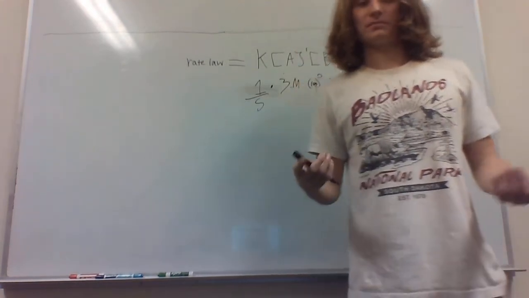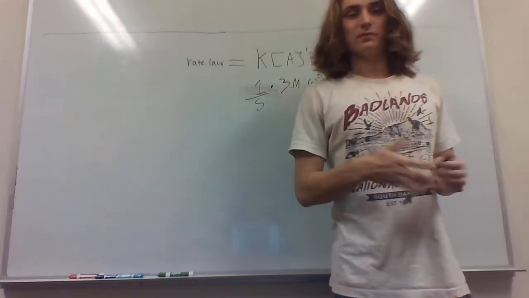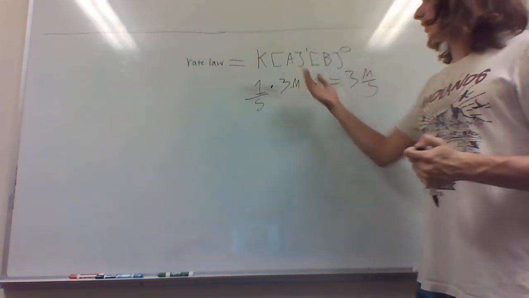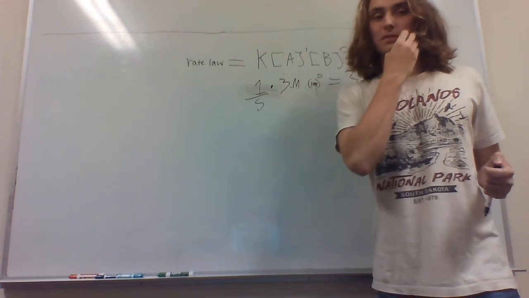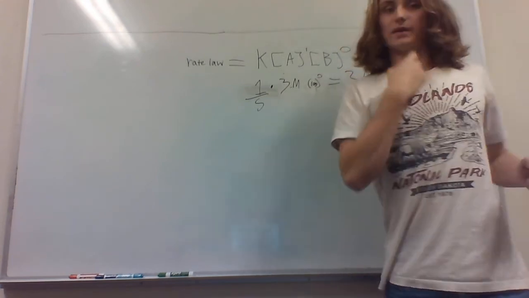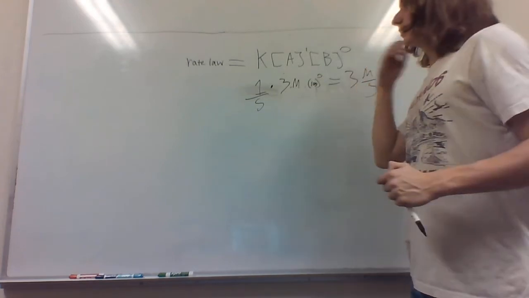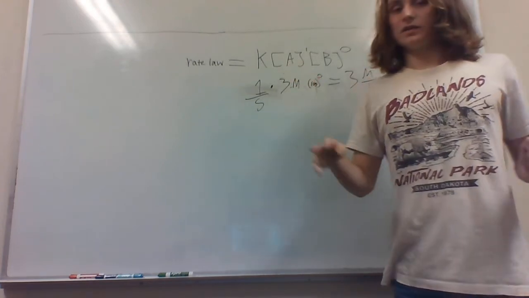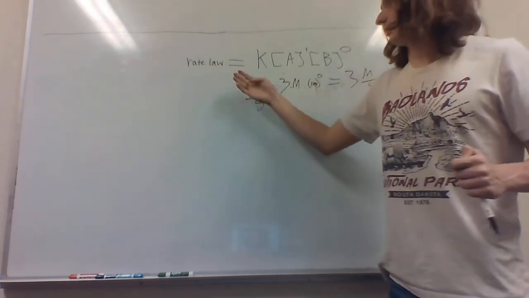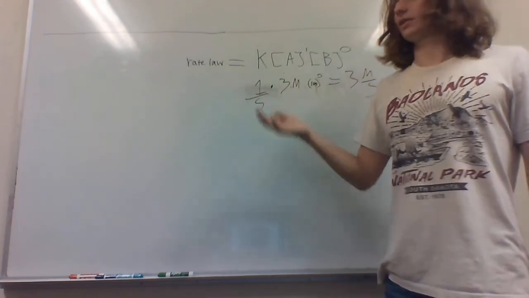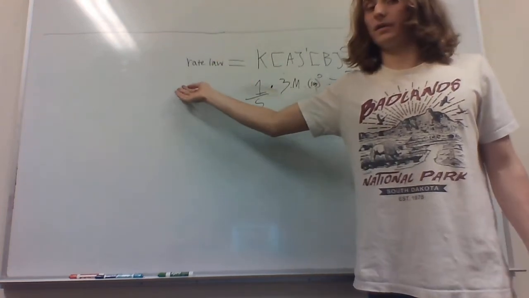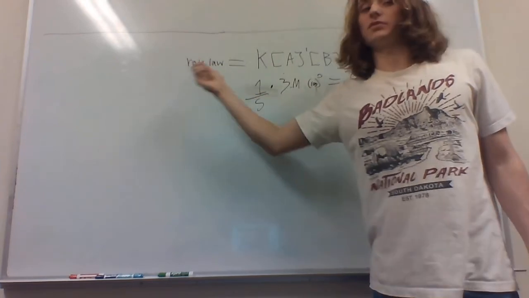So I hope I properly articulated why. The reason why A is a first order reaction is because for first order reactions, the magnitude that you multiply the concentration by is the exact same magnitude that you multiply the rate by. So if the concentration was halved, the rate will be halved. If it was tripled, the rate would be tripled.